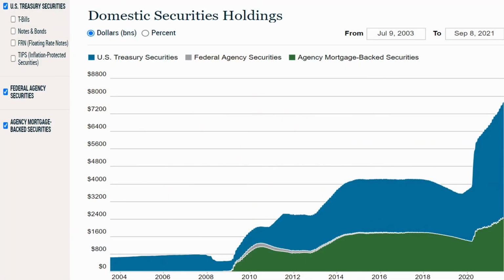The Fed continues its open market purchase amidst the pandemic situation. In this chart, the blue area represents the total amount of domestic purchase comprising US Treasury securities, Federal Agency securities, and Agency Mortgage-Backed Securities (AMBS). And they are all in an upward trend, meaning the Fed is still buying.